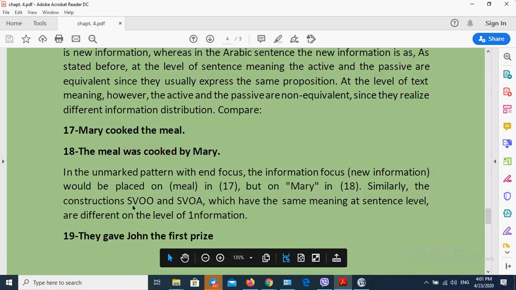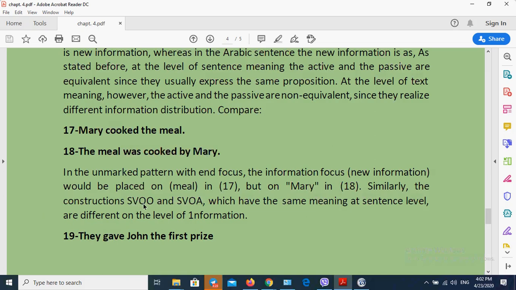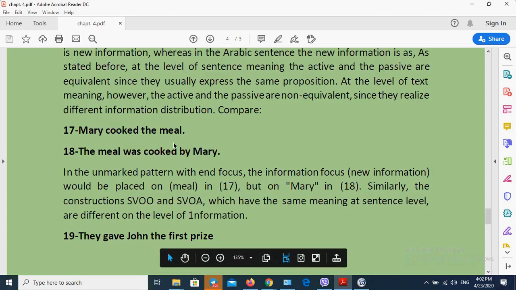Similarly, the construction subject plus verb plus indirect object plus direct object, and here we have subject plus verb plus object plus adverbial. Here is the subject, the verb, and the object, by Mary. Here the adverbial has the same meaning at the sentence level but is different at the level of information.